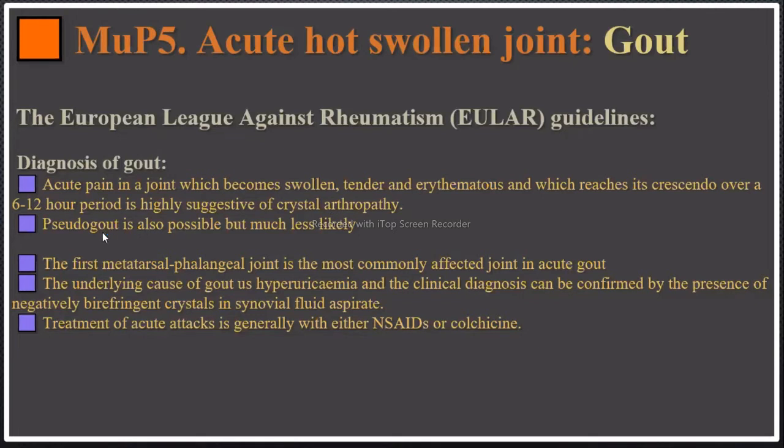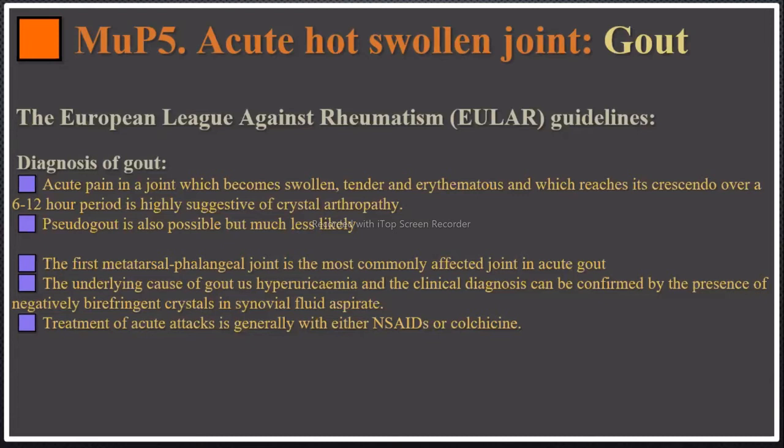Also, you have another differential diagnosis, pseudogout, but this one is much less likely. If you find they mentioned in the scenario that the first metatarsophalangeal joint is affected, it is the most commonly affected joint in acute gout. So if they ask you, is this gout or pseudogout?